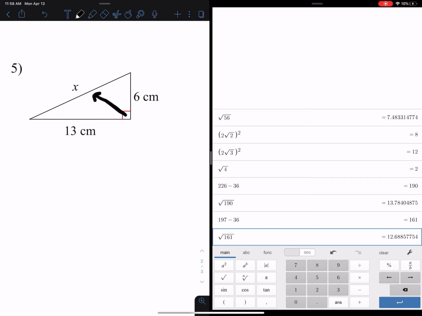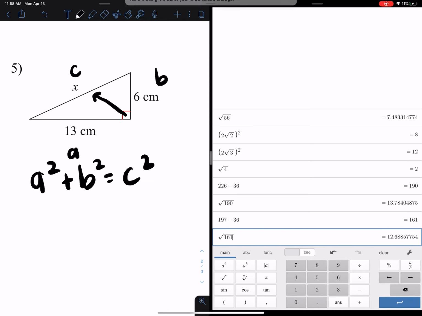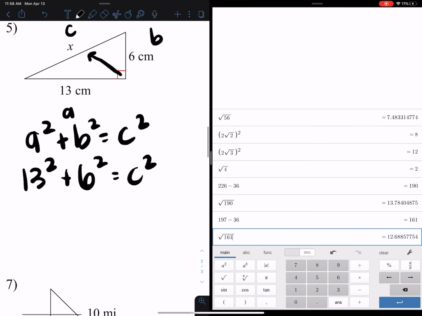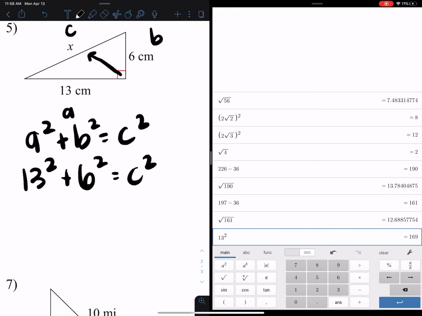So the one across from the 90-degree angle is x, so that's our c, and this is a and b. So we have a squared plus b squared equals c squared. So we have 13 squared plus 6 squared equals c squared. And 13 squared is 169. And then I know 6 squared is 36. So I'm going to add 36 here.